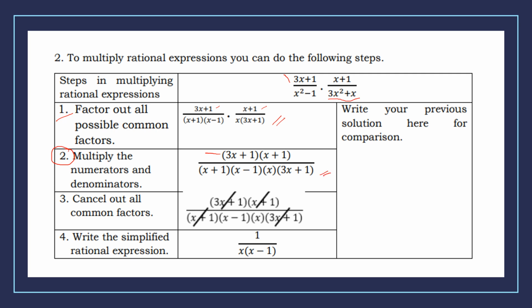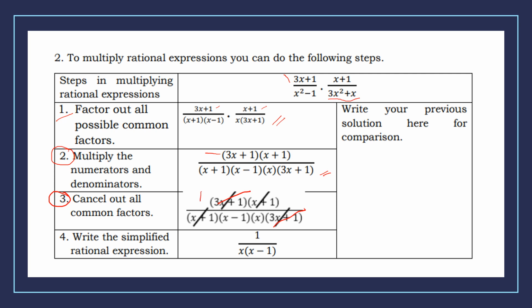After that, we will now divide terms in the numerator over terms in the denominator, those that can be divided. So as you can see, 3x plus 1 divided by 3x plus 1 is 1.